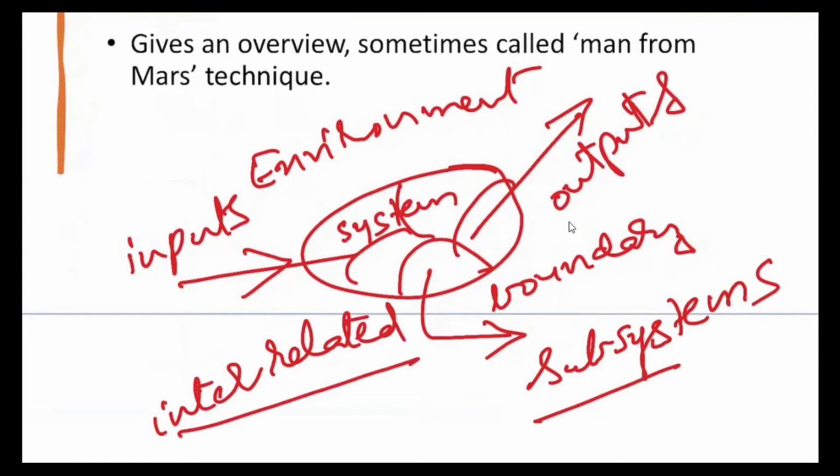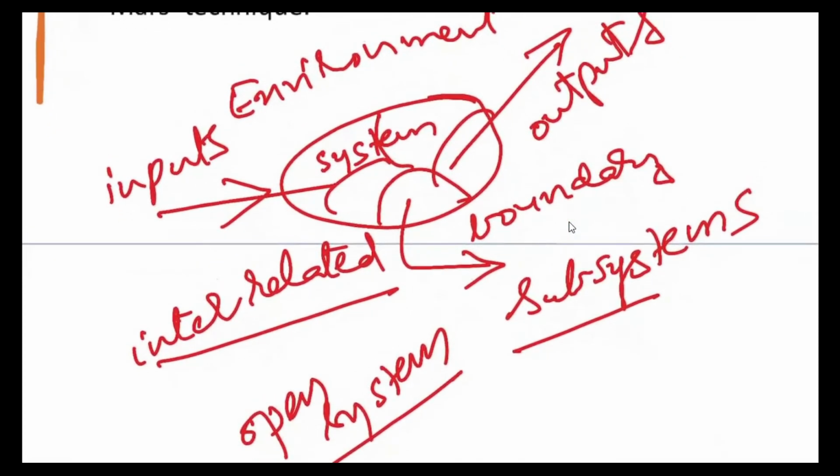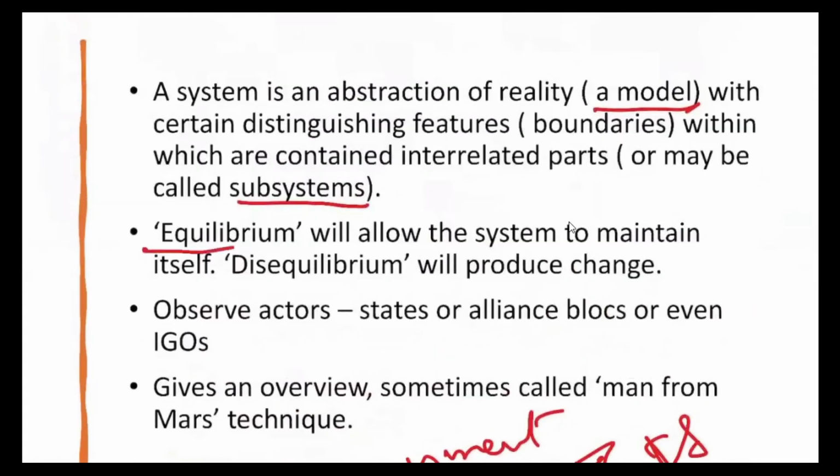Okay. The idea that the environment influences the system and the system influences the environment refers to the concept of open system. Social systems are open systems. The opposite of an open system is a closed system, where the environment doesn't impact the system. Okay. When subsystems are in a relationship which is stable, then you say they are in equilibrium.